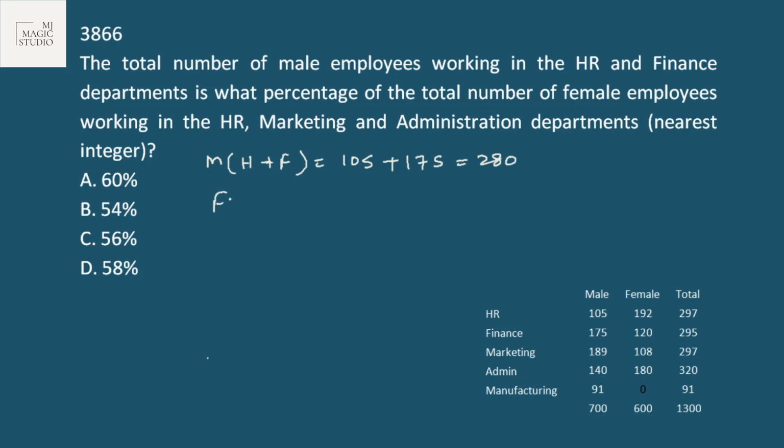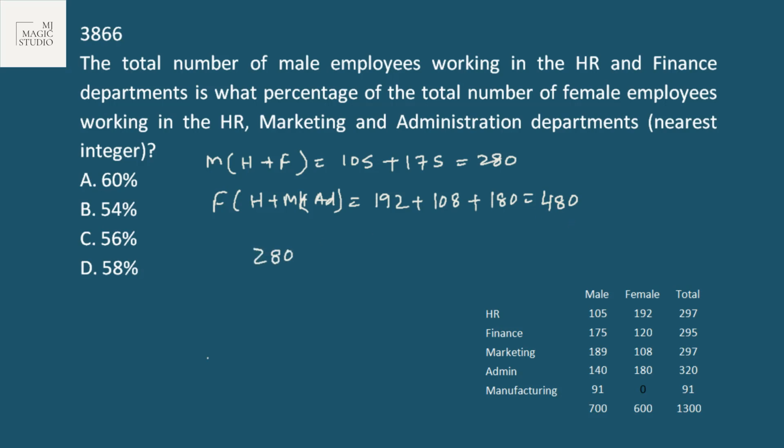Is what percentage of the total number of female employees in HR, marketing and admin? Female in HR 192, in marketing female 108 and admin 180. So that is 1, 2, 3, 4, 480.